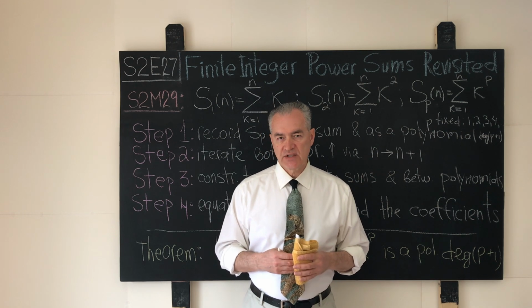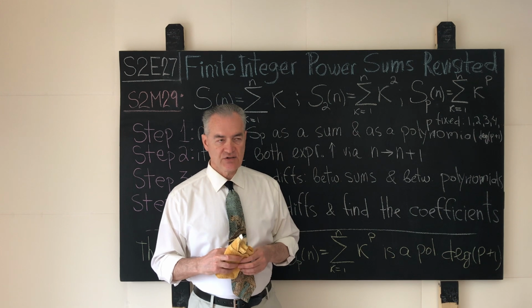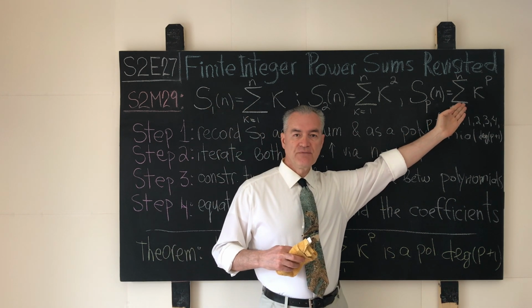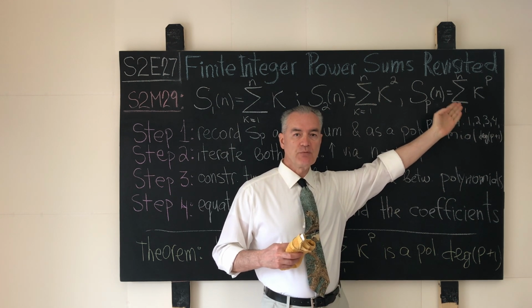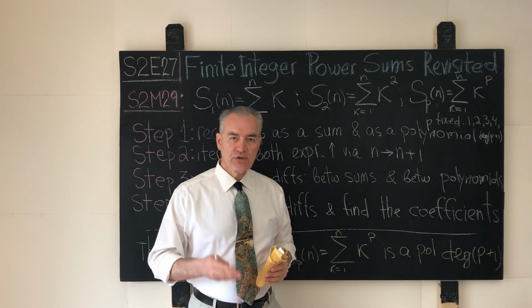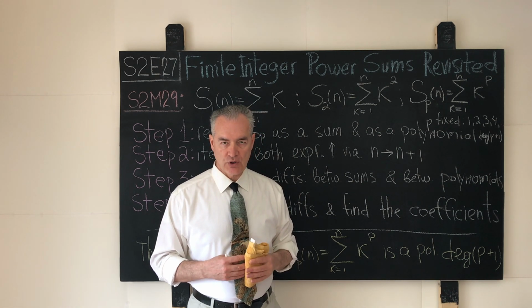That algorithm basically tells us that in order to evaluate the finite integer power sum Sp, where each and every summand is raised to one and the same fixed and given ahead of time power p, we had to consecutively evaluate all the previous sums, and that amounted to quite a bit of work.